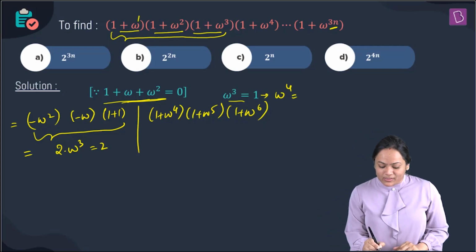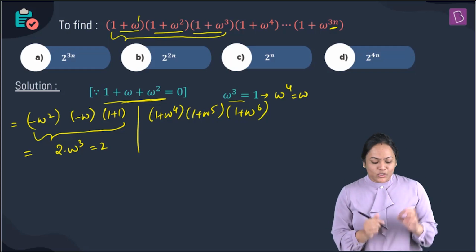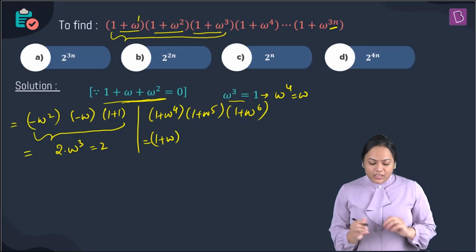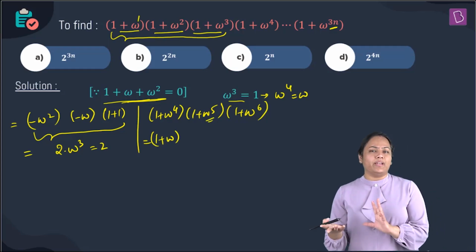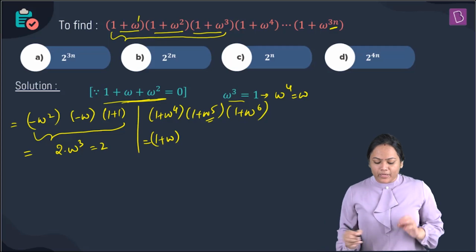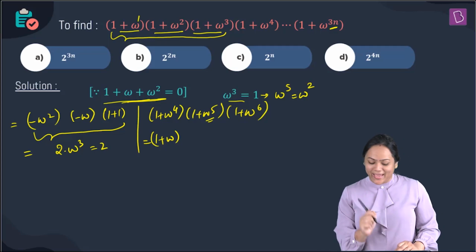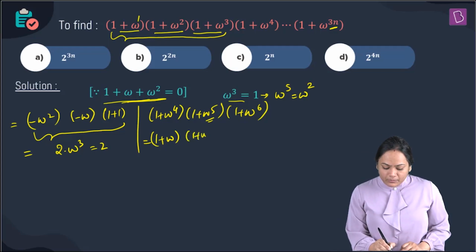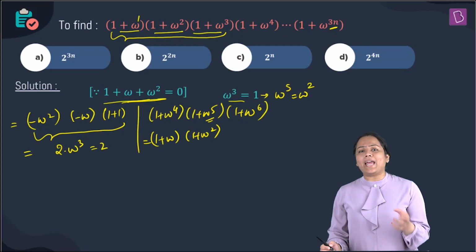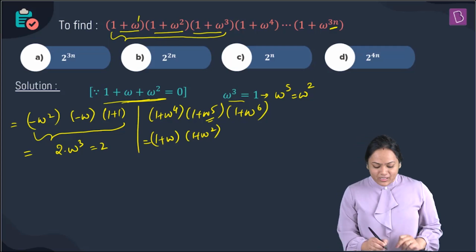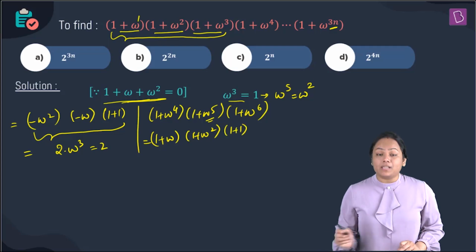So the first term comes out as 1 plus omega. Similarly, omega raised to 5 will be equal to omega square, so this is 1 plus omega square. And omega raised to 6 will be equal to 1, so this is again 1 plus 1.